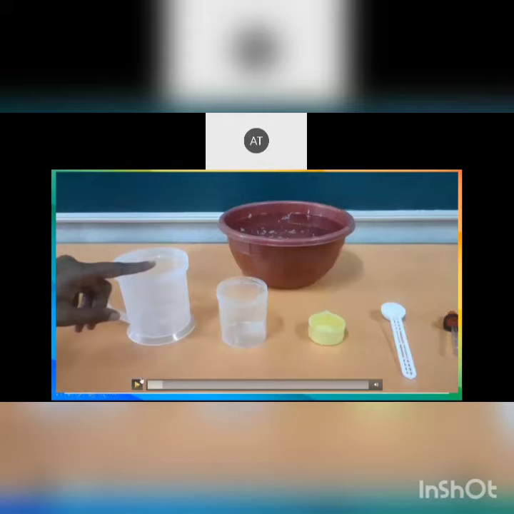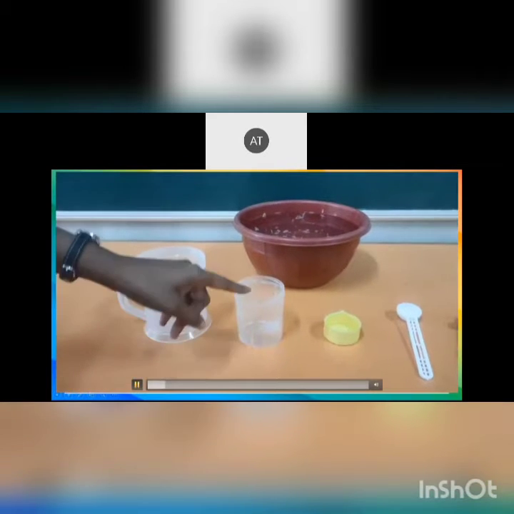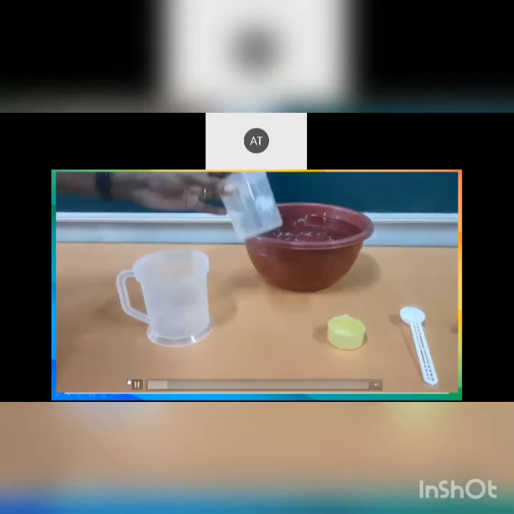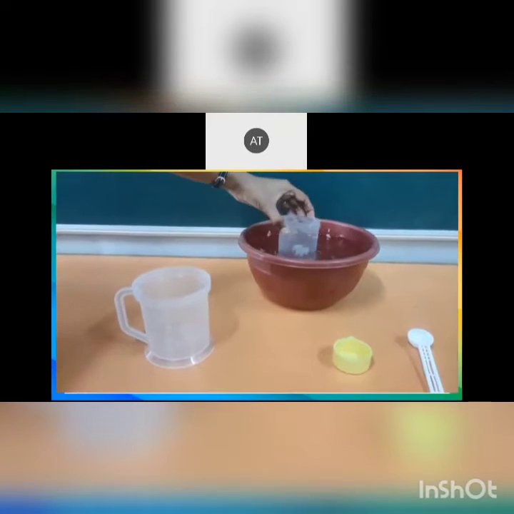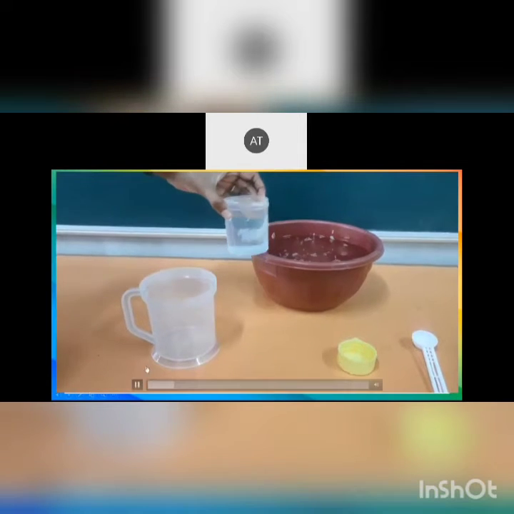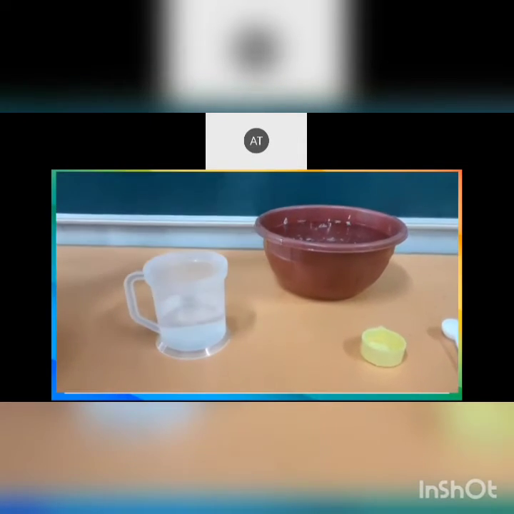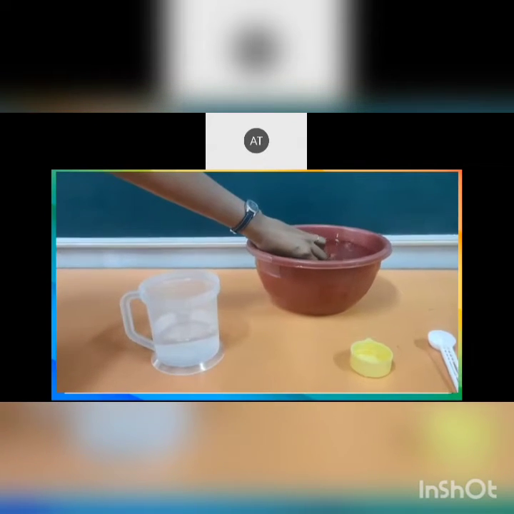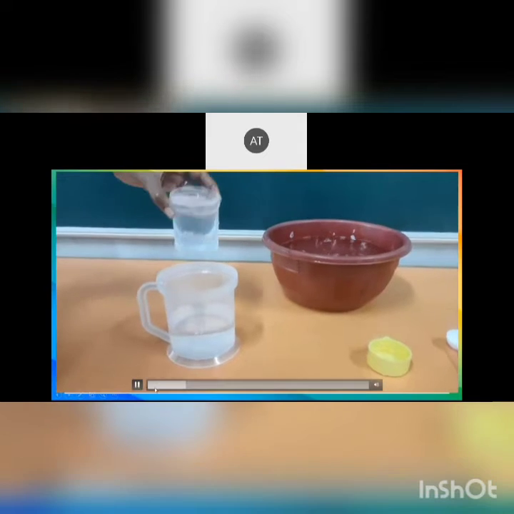Let's count how many cups of water we pour. Count along with ma'am. 1, 2.